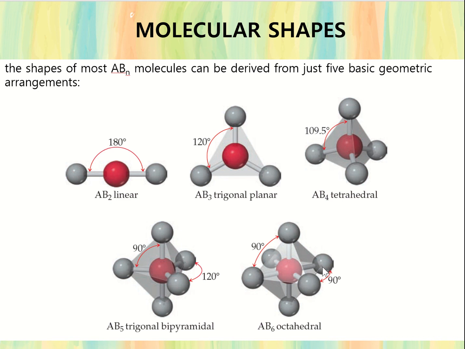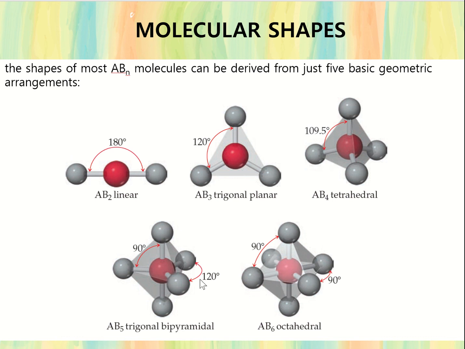So we have 4 things in the center as opposed to the 3 in the center here, and essentially a 90-degree angle between the atoms, so it's basically like a square in the middle, and this is like a triangle in the middle.